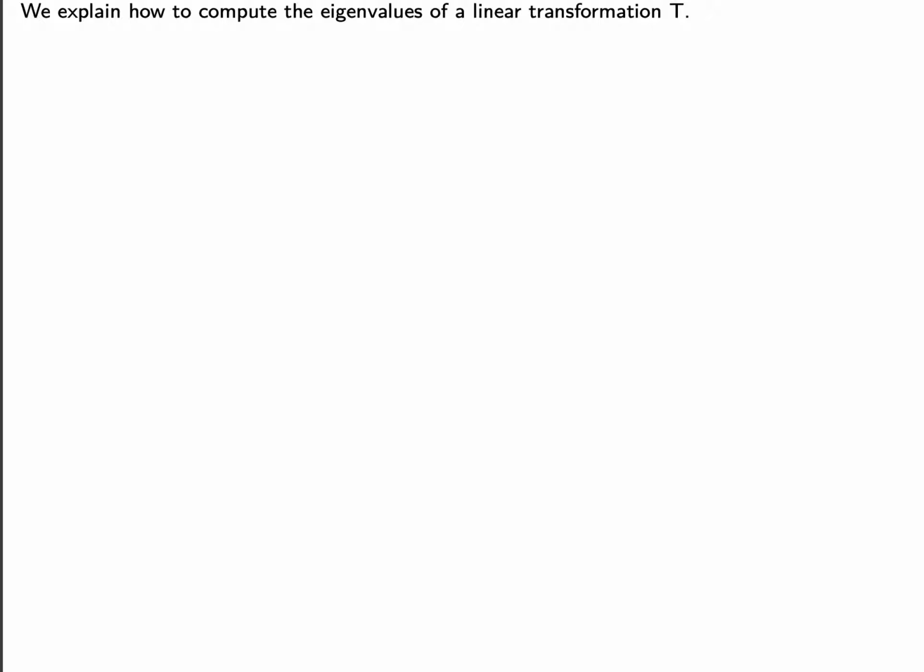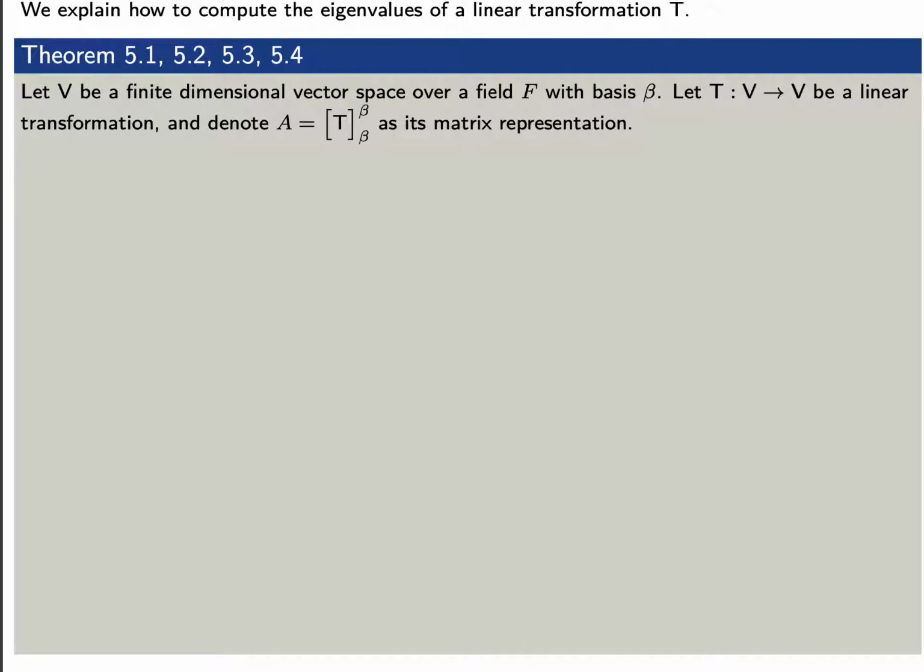We found the following result, which explains how to compute the eigenvalues of a linear transformation T. Say that V is a finite dimensional vector space over field F and that we have a basis beta. If we let T be a linear transformation, we'll denote A as the matrix representation of T with respect to this basis beta.